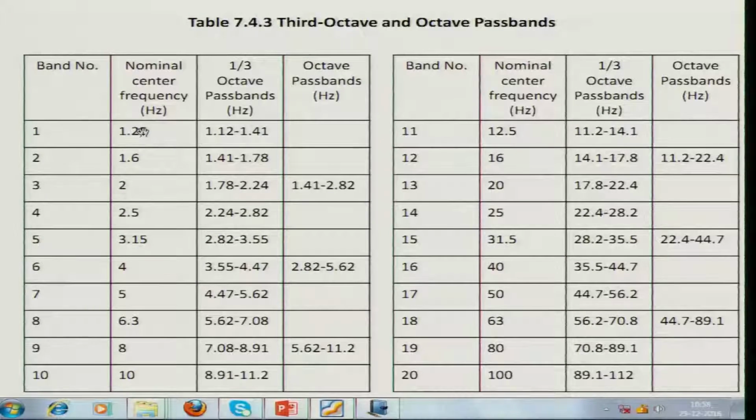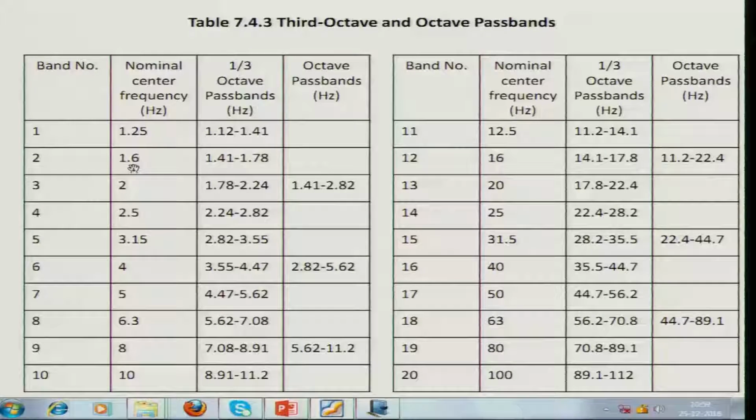Then to compute its lower frequency, you divide by a factor of 2 to the power of 1 by 3, and the higher frequency limit is 1.25 times the cube root of 2, which gives 1.41.